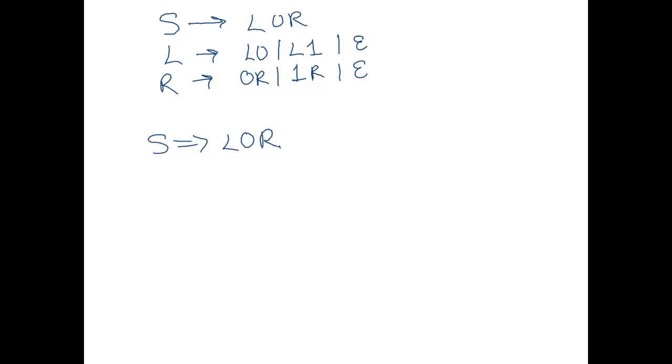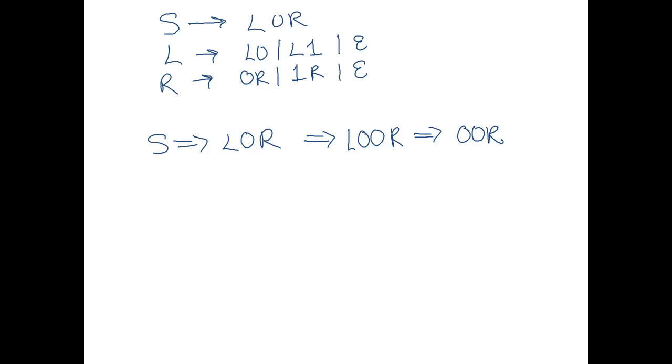Okay, now I have a choice to build my left side basically however I want to. So I could take the rule L goes to L0. And now I can take the rule L goes to epsilon. So now I have 0, 0, R.